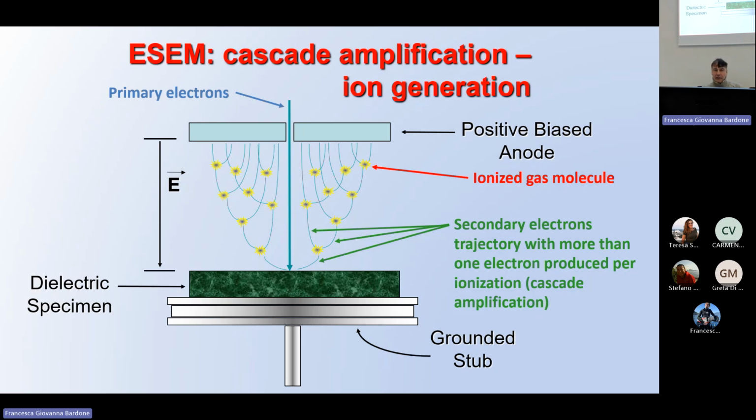At the end, at this level here of the positive bias, you have an amplification due to the natural gas you have inside the chamber. So we are using the water molecule as an amplifier.